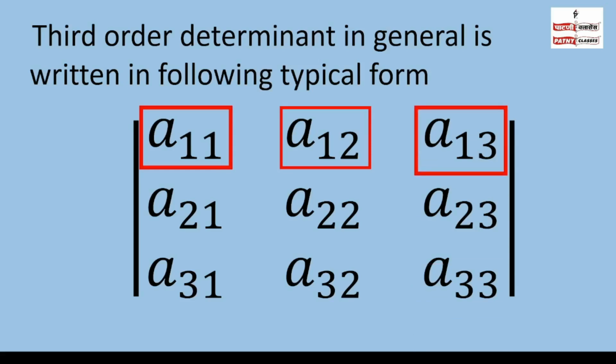A13: this element is present in the first row and third column. A21: this element is present in the second row and first column. Thus, in a third order determinant, every element is written with some number in suffix form denoting the row and column in which the element is present.